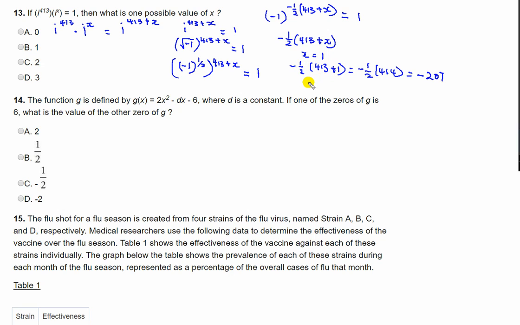If you put 3, minus half times 413 plus 3, minus half times 416, it becomes minus 208. Yes, you end up with an even number here, which means you got an even number as the power. Then this becomes a positive 1. So this will be the answer.